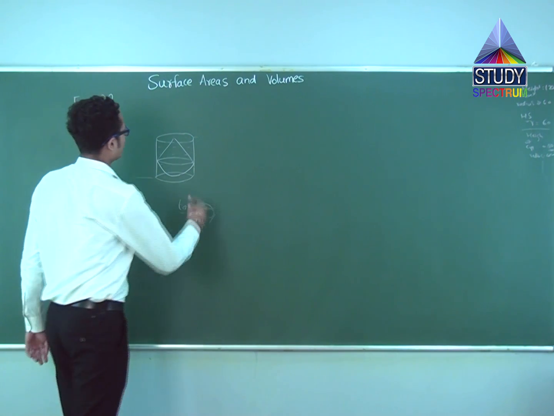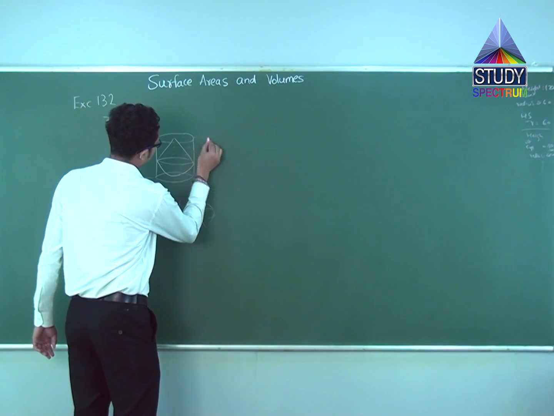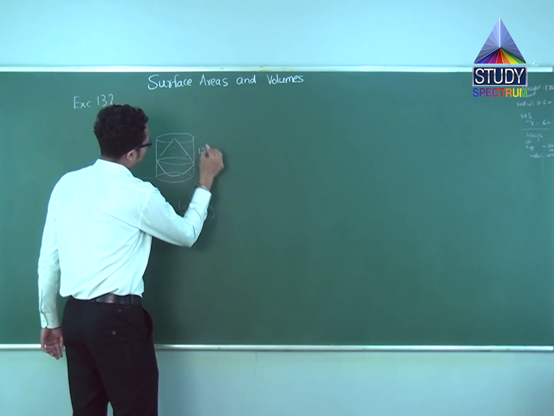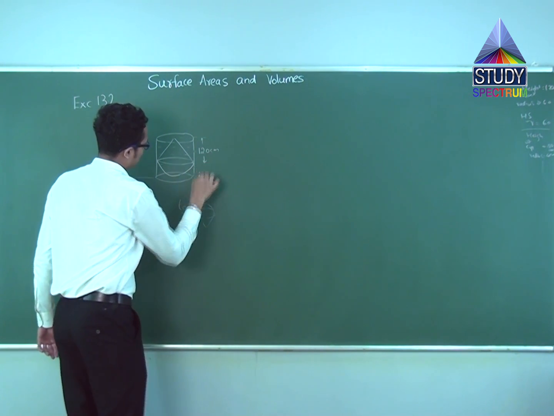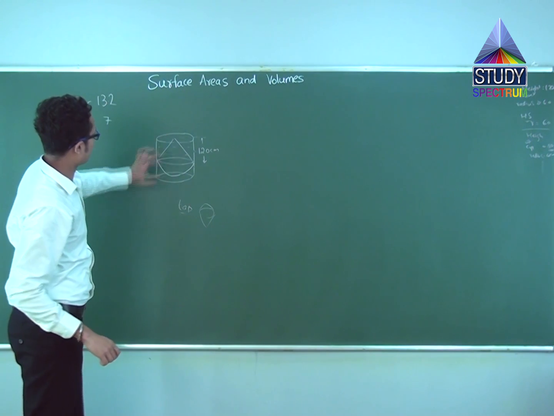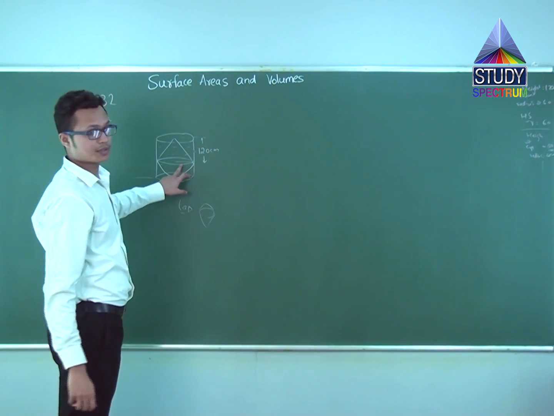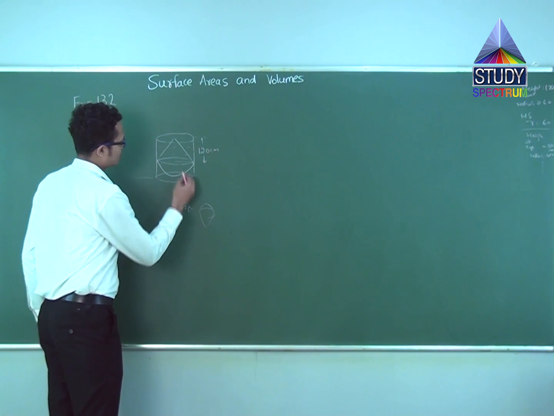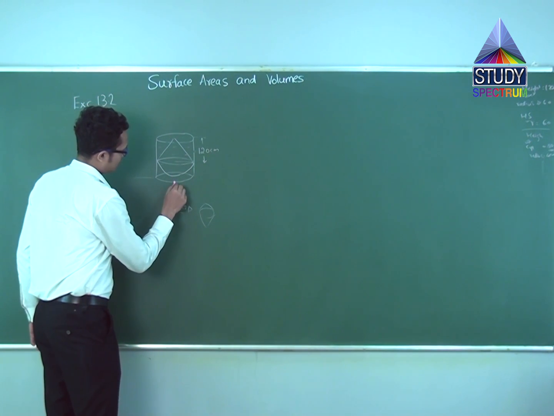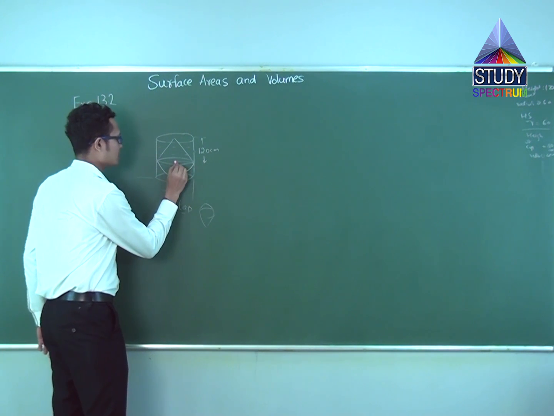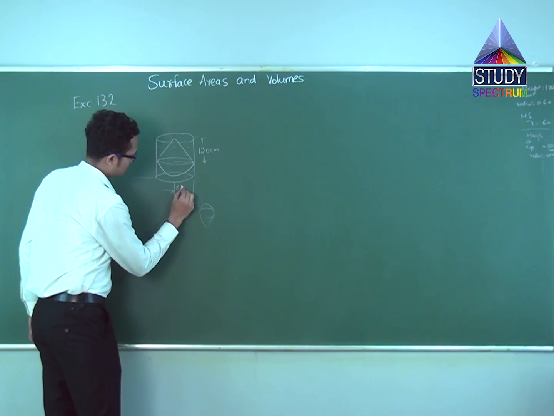Height of the cone is 120 centimeters. The radius of the hemisphere is 60 centimeters. This is given in the textbook. This length, from this point to this point, 60 centimeters.